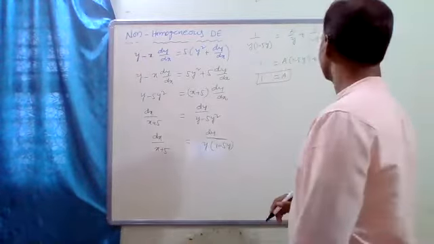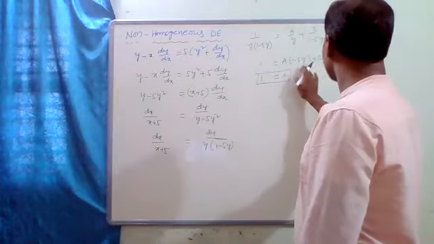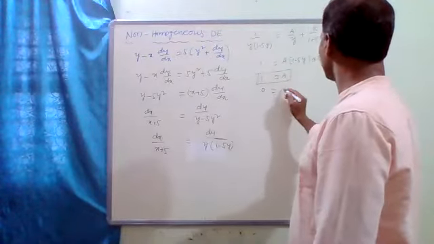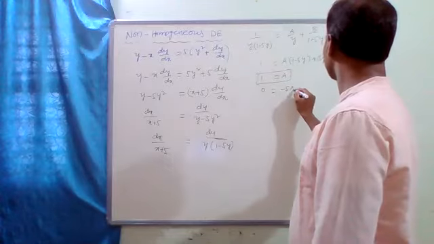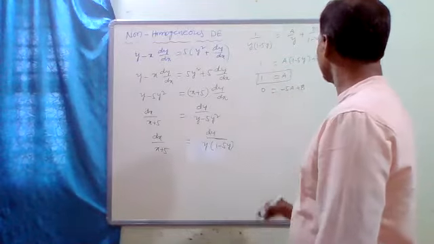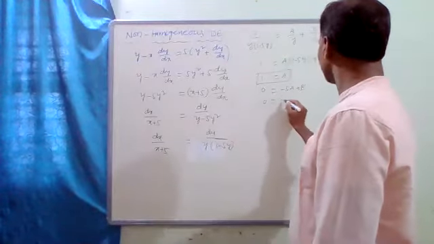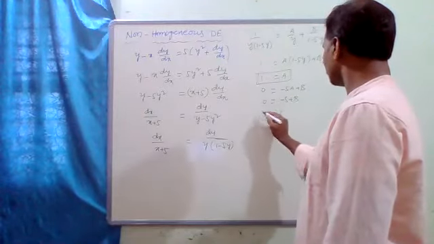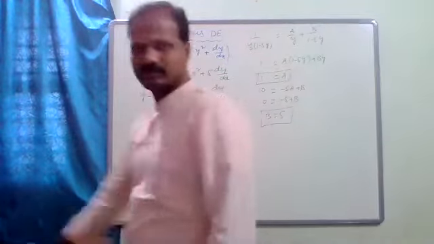Now, the coefficient of y on the left side is 0. On the right side, the coefficient of y is minus 5a plus b. So 0 equal to minus 5 plus b, so b equal to 5. So what is the value of b? 5.